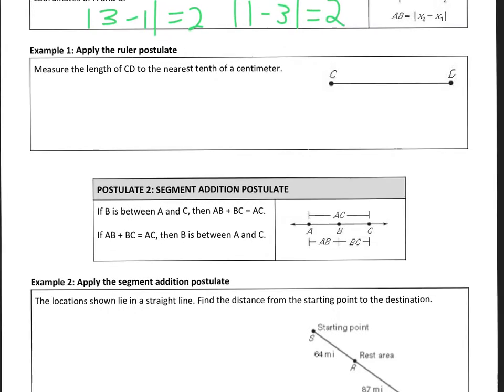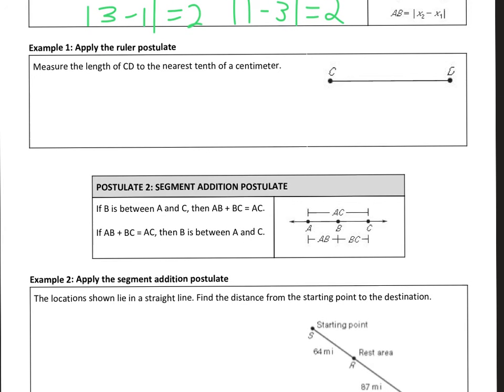So our first example is just that, using a ruler to measure this segment. I'm going to supply you with rulers, but measuring it to the nearest tenth of a centimeter, the way I would measure this segment is I would line up the first tick mark on my ruler, not the end of the ruler, with the inside of point C. And then I'd see what point D was, okay?